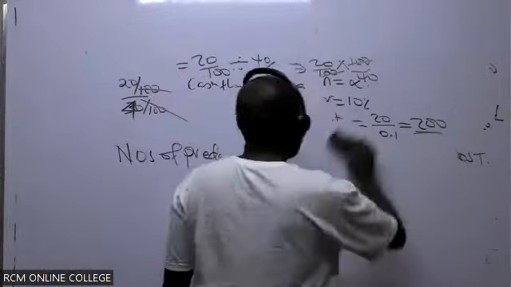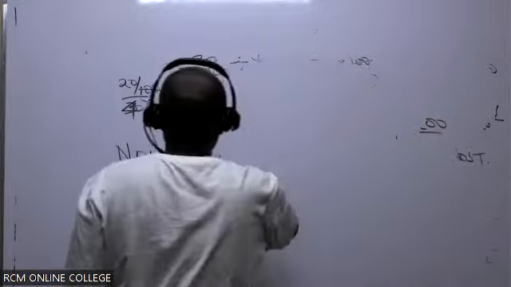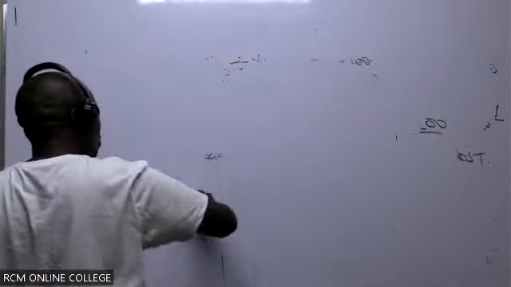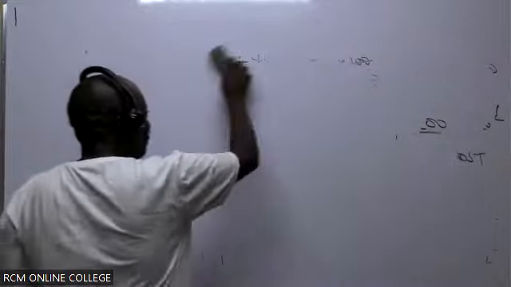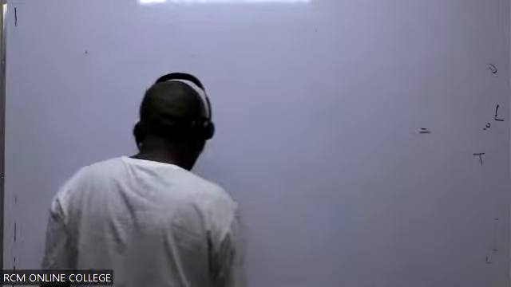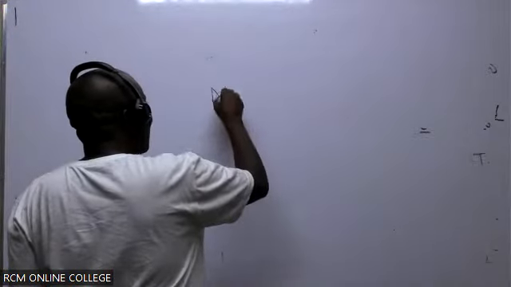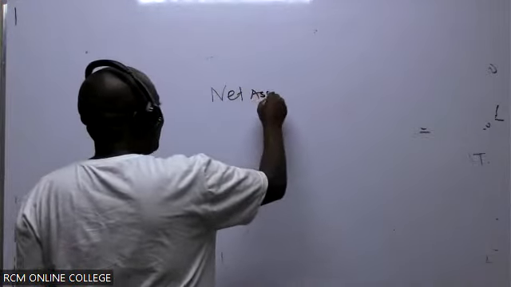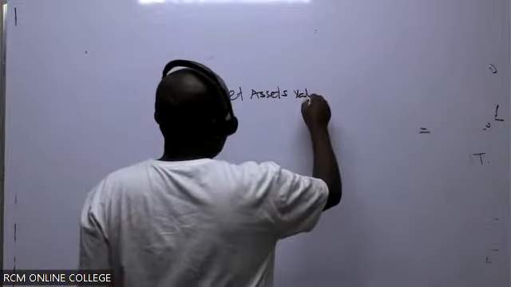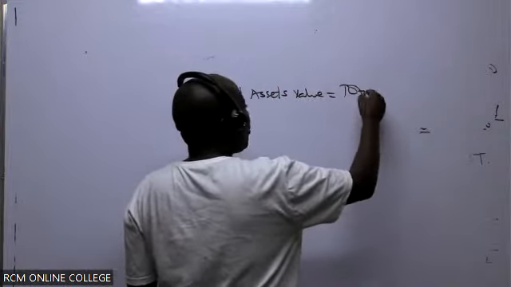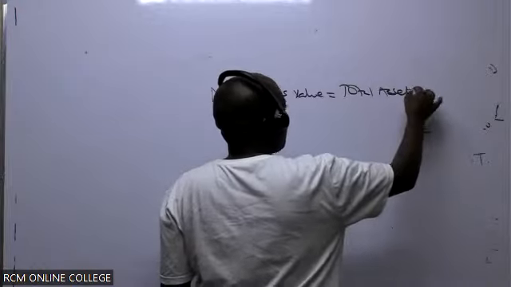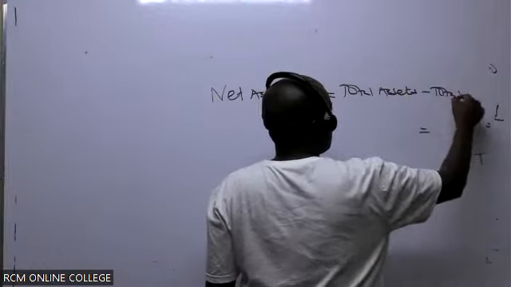Now, ladies and gentlemen, please listen to me very well. When we talk of net asset value, NAV, you're supposed to know that net asset value equals total assets minus total liabilities.